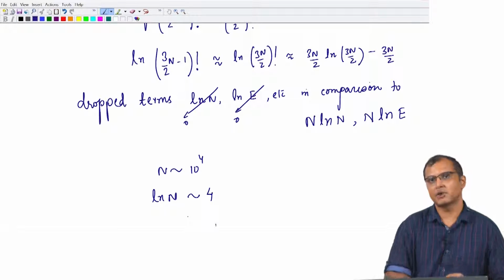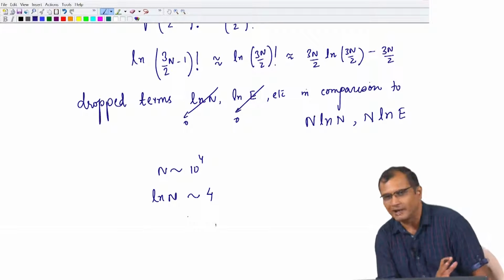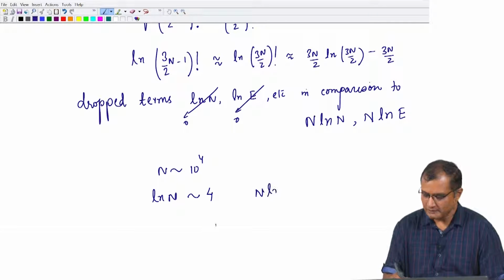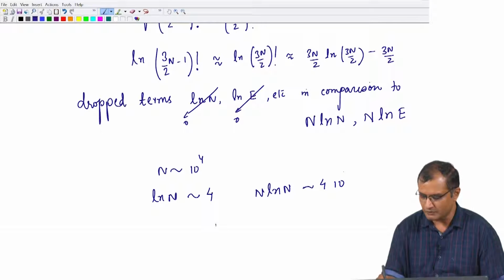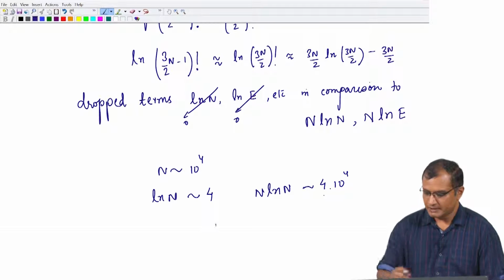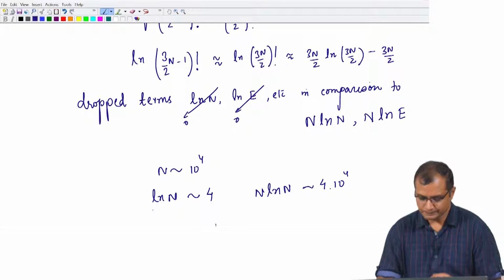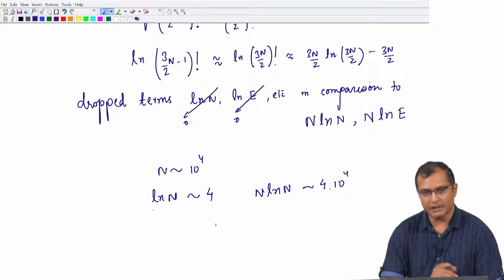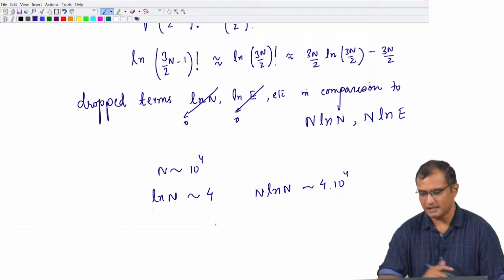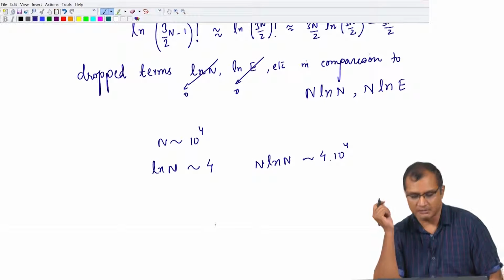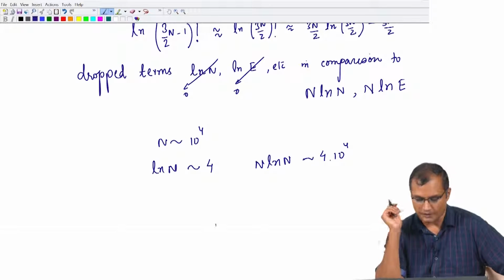If I take ln 10 to the base e as 1, it is close to 1, but N ln N is approximately 4 into 10 to the power 4. So, I am definitely going to drop ln N in comparison to N ln N. Okay, so, that is the reason why I have dropped several terms in taking logarithm.